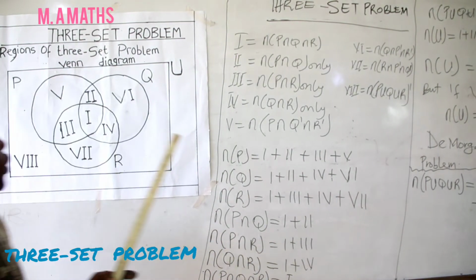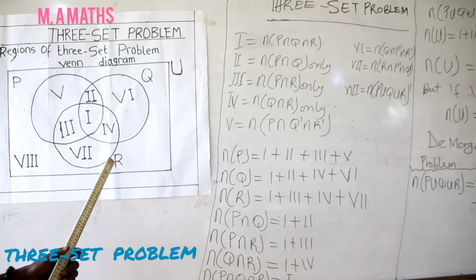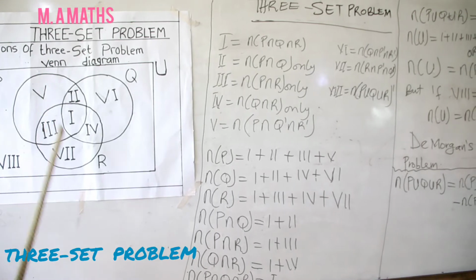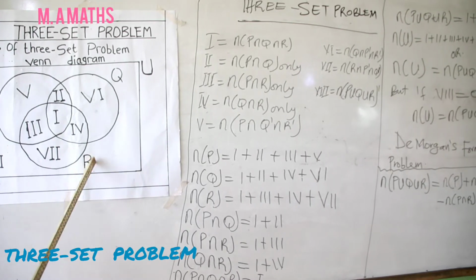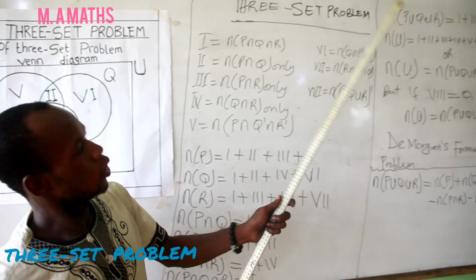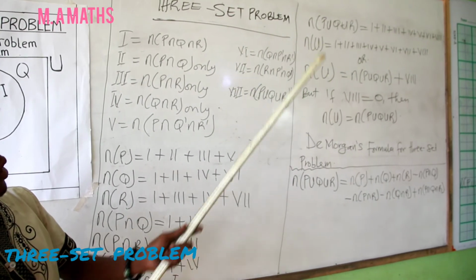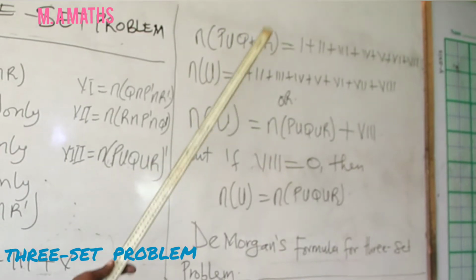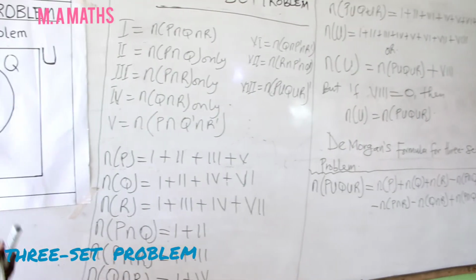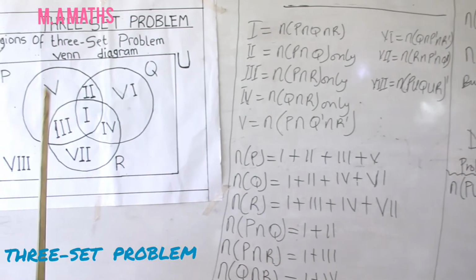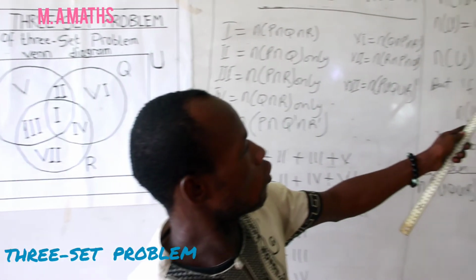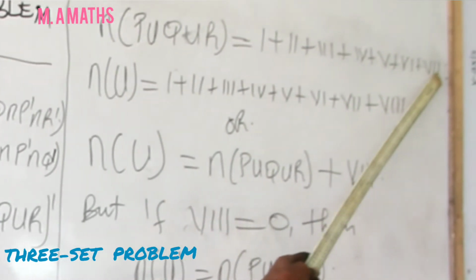Q union R is the same thing: the regions in Q and the regions in R. P union R is the regions in P and the regions in R. For P union Q union R, we write all the regions found in P, Q, and R, which is region 1 up to region 7.